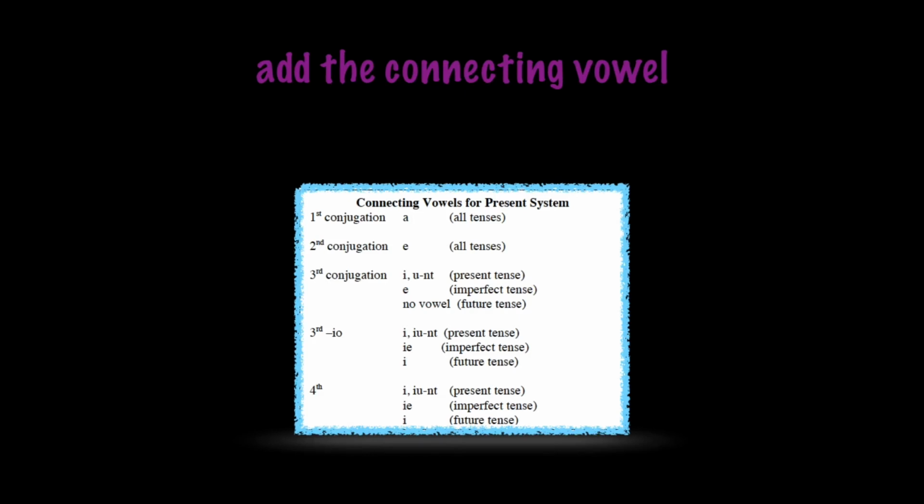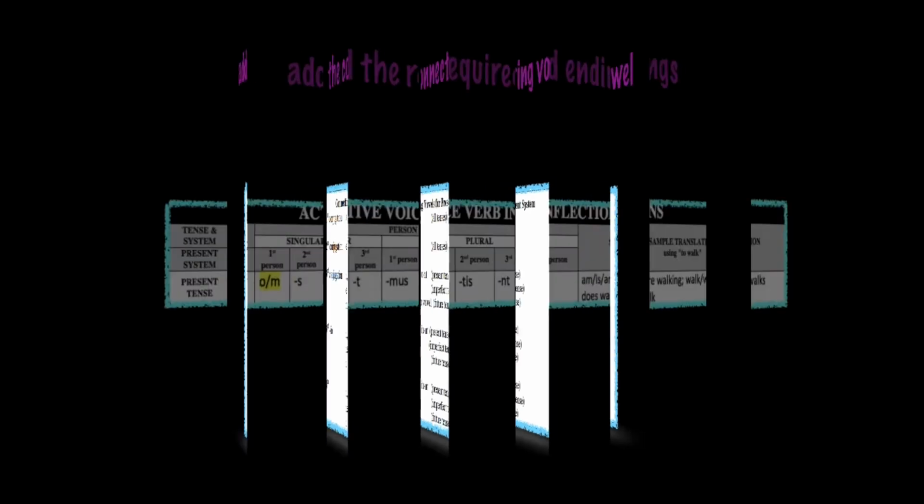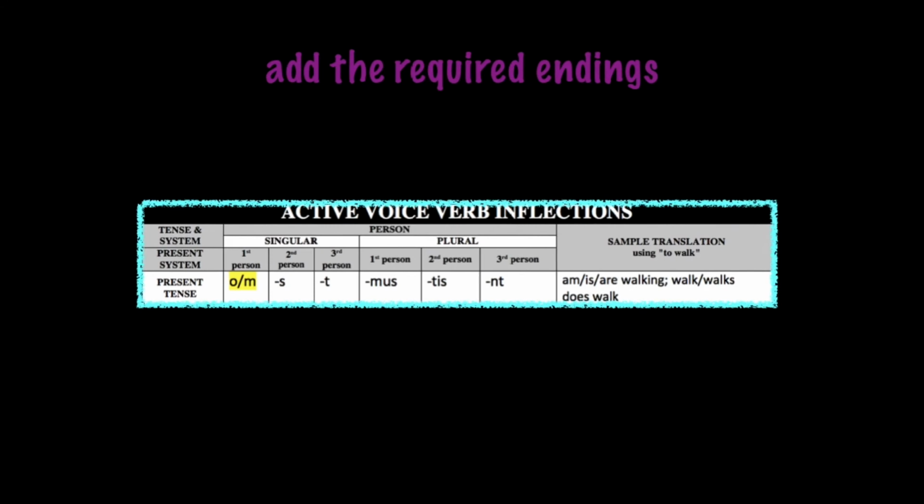Now let's turn our attention to the endings. We have already learned the present tense endings: -o or -m, -s, -t, -mus, -tis, and -nt. Notice on our chart that we see here in the picture that the first person singular ending, -o or -m, is highlighted.